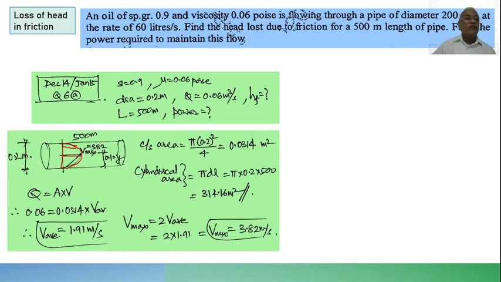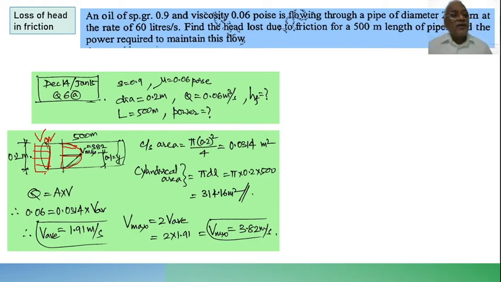This is called V max, right? And then if you average it out, meaning if you assume that the velocity is perfectly uniform with the same velocity everywhere, then it is called average velocity. This is maximum velocity. There is a relation between V max and V average: V max is twice the average velocity.